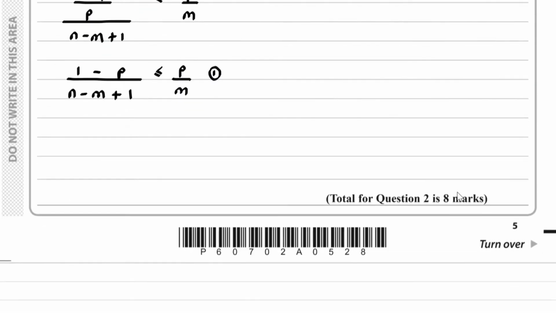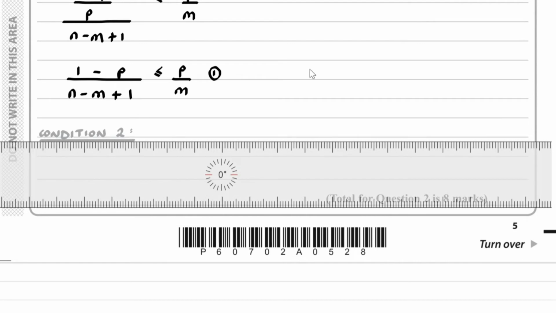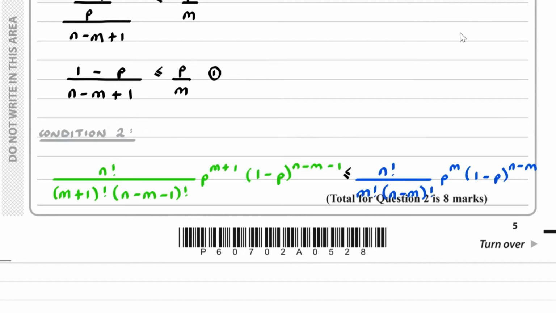So if we now consider condition 2, if we use our expressions, so we've got the expression for the probability that x is equal to m minus 1 being less than or equal to the expression for the probability that x is equal to m.